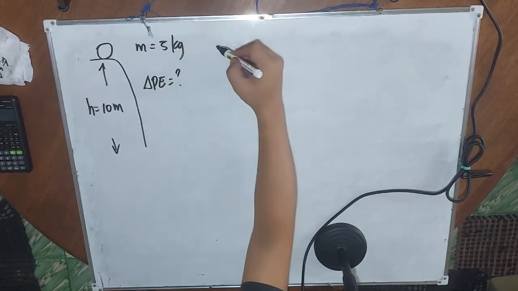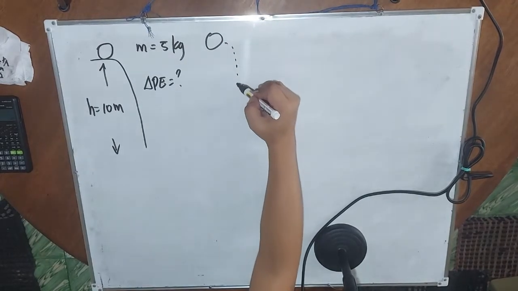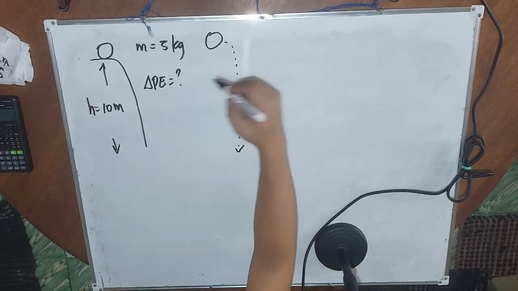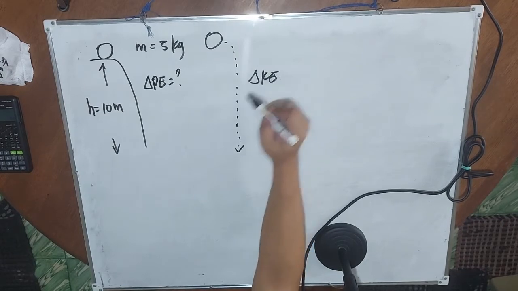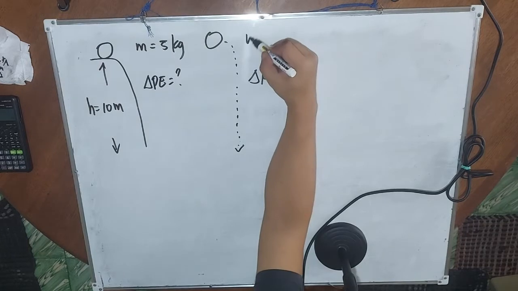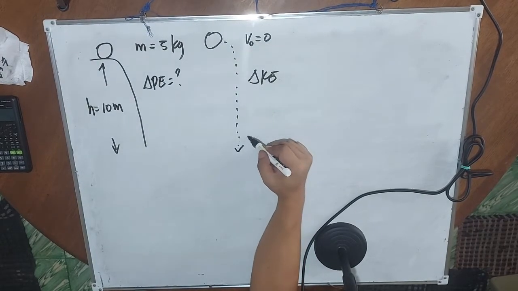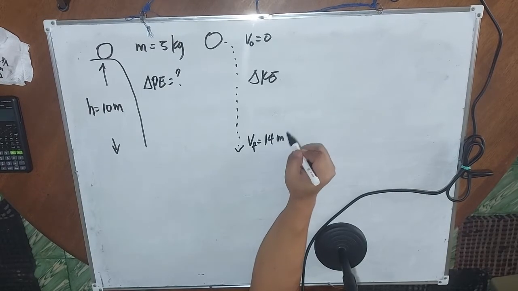And when that object falls from that cliff, we will be looking for its change of kinetic energy, taking into consideration that its initial velocity would be equal to zero because it is not moving, and its final velocity would be equal to, let's say, 14 meters per second.